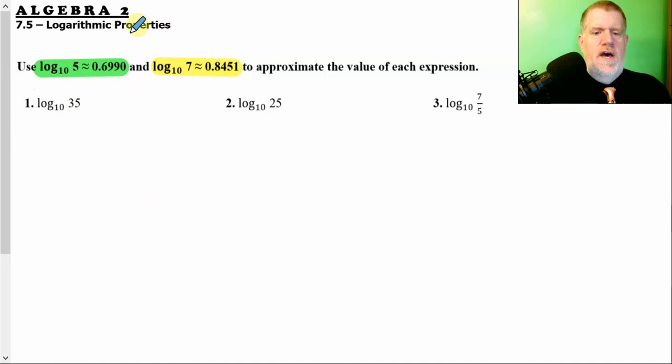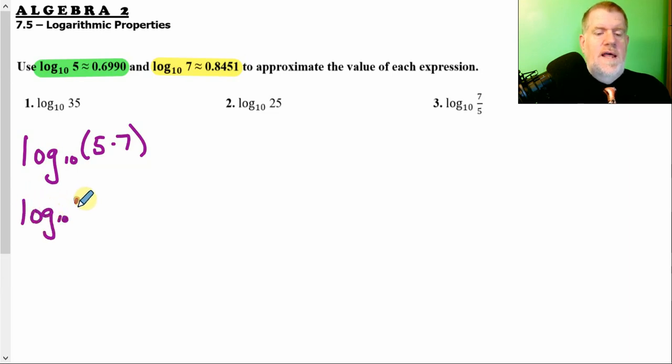So I can only use 5 and 7. How do I use 5 and 7 to get 35? Well, it's 5 times 7. And the property says if I multiply, I can add those logs together.